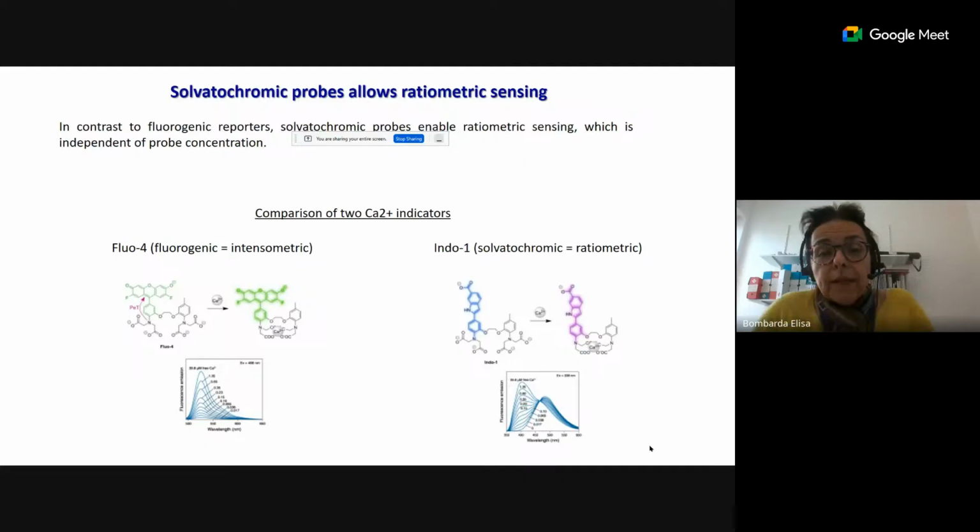Another example of probes are the solvatochromic probes that allow ratiometric sensing.